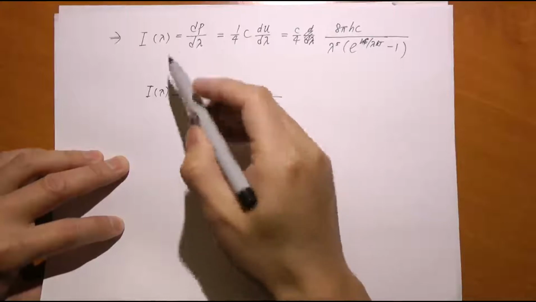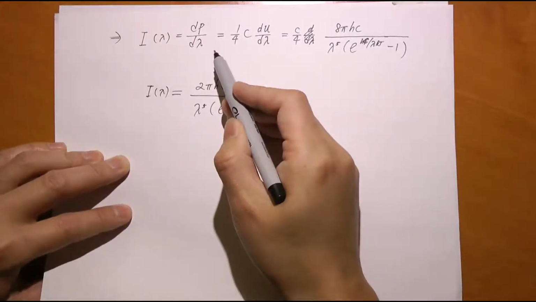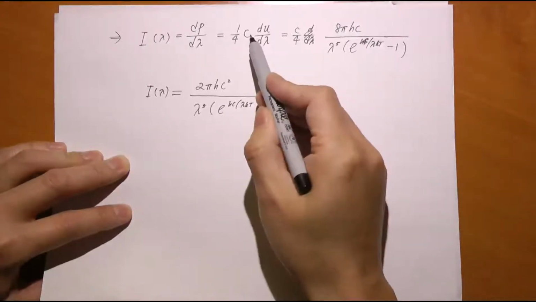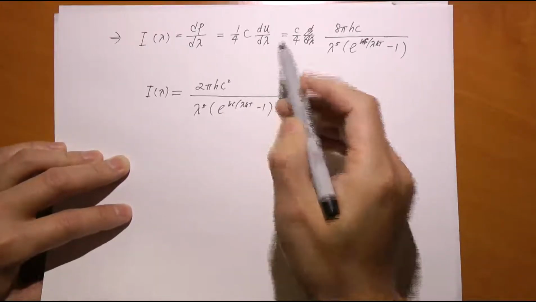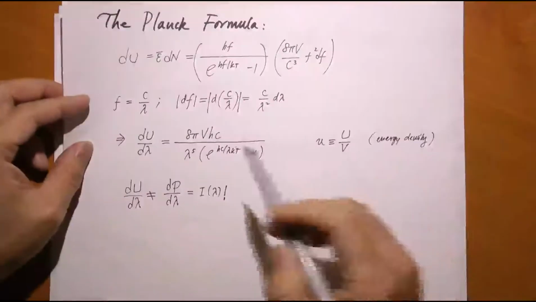So let's do that. I lambda equals dP over d lambda. P is 1/4 of C times U, so 1/4 C comes out, dU d lambda. Now we already know what dU d lambda is. In fact, we did that before.